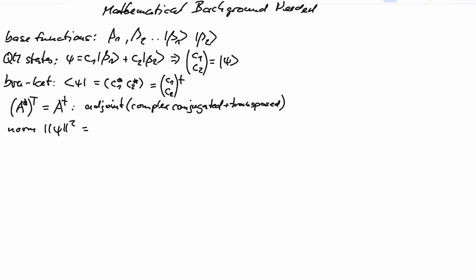That is simply the scalar product, which in bracket writing is bra psi times ket psi.